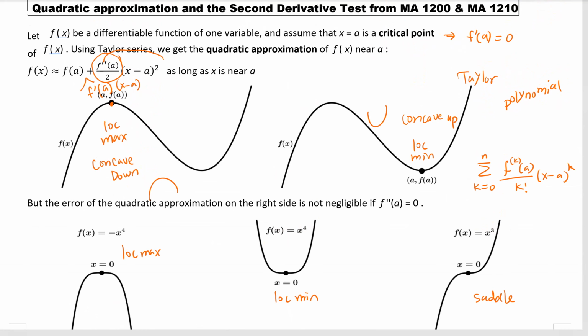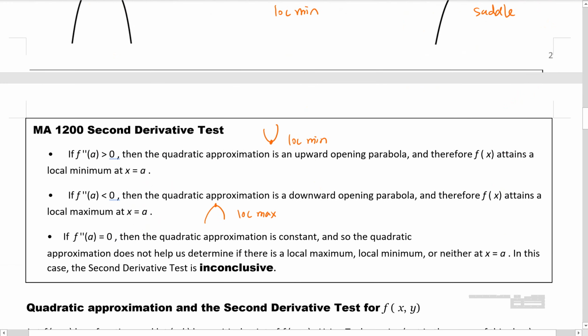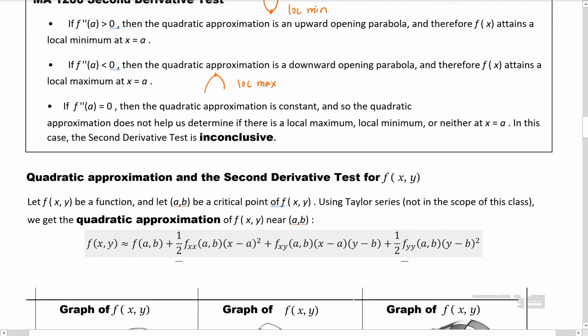If this is also 0, then you want to consider more terms in the Taylor polynomial. Maybe a higher degree will work in this case. That's why the second derivative test is inconclusive. So this is the idea from Calculus 1 and Calculus 2 and how the second derivative test works.